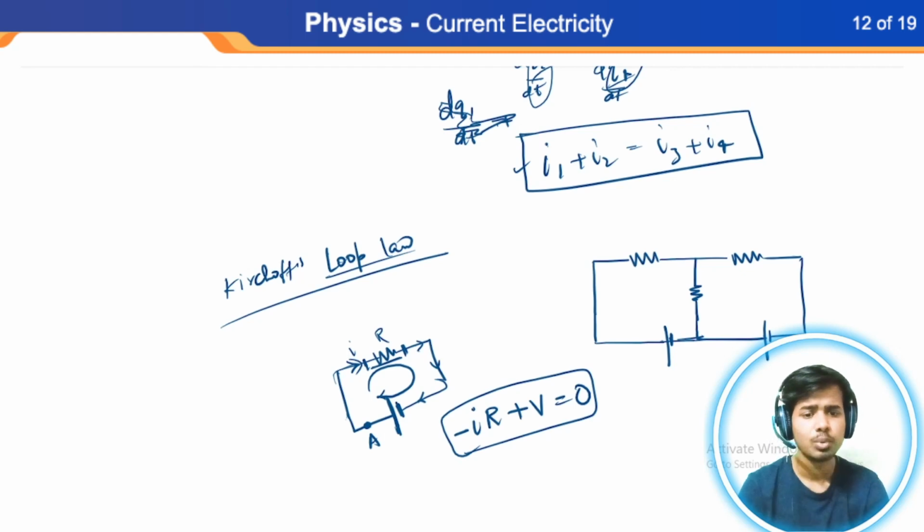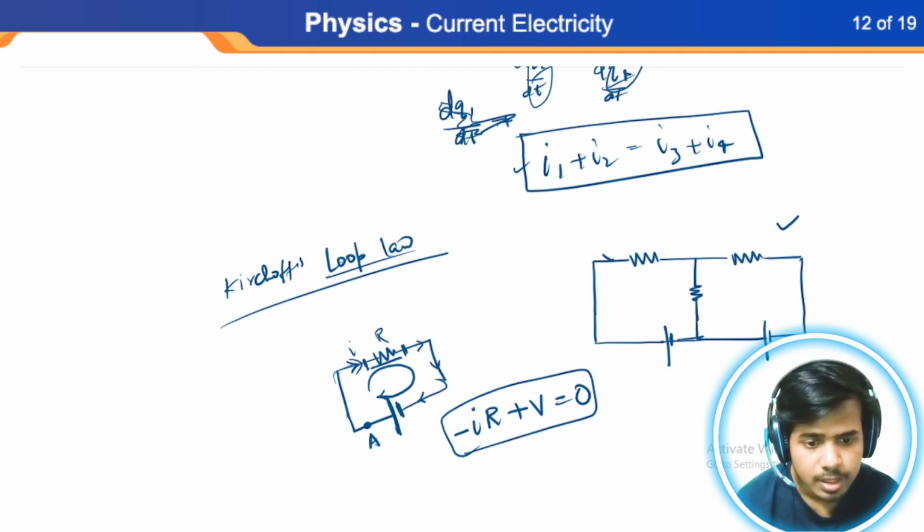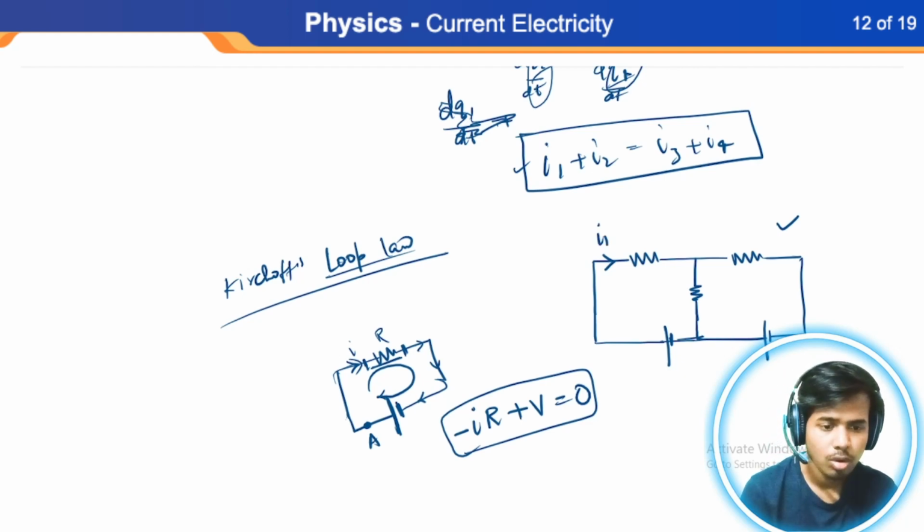I'll apply both of the Kirchhoff's laws in this circuit as a demonstration. Let's say I1 इधर से जा रहा था और इधर से पास हुआ, अभी एक जंक्शन मिला, जंक्शन से दो अलग अलग पार्ट में करंट जाना है, तो इसको मैं बोल देता हूँ I2, इसको मैं बोल दे रहा हूँ I3.